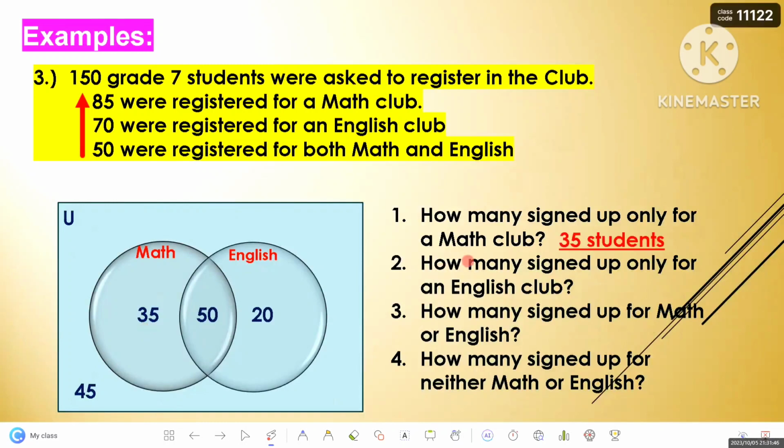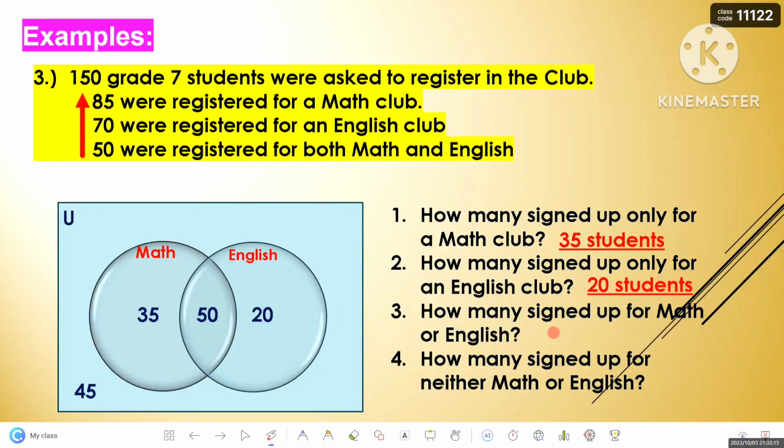Is that correct? Yes. 35 students signed up only in math club. What about number 2? How many signed up only for an English club? So, hindi natin pwedeng isama ang math. English only. So, I guess 20 is the answer. Yes, correct. 20 students signed up only for English club.